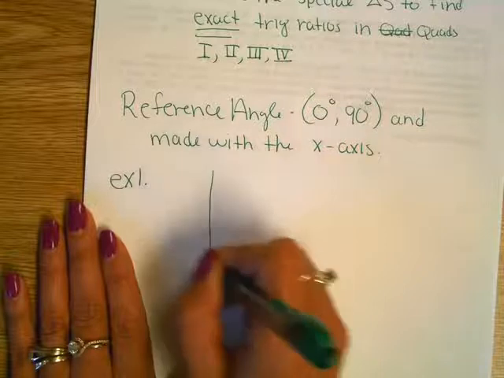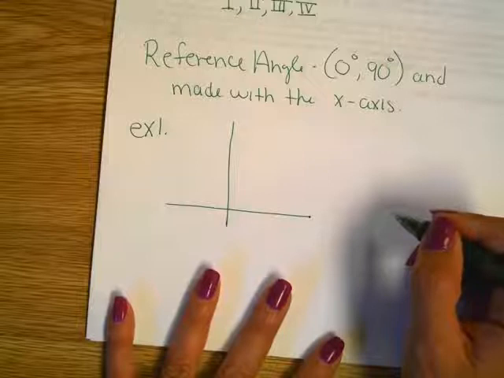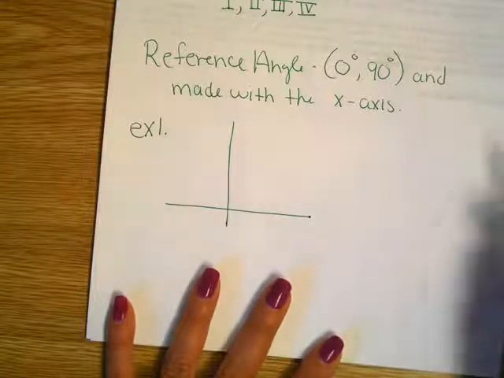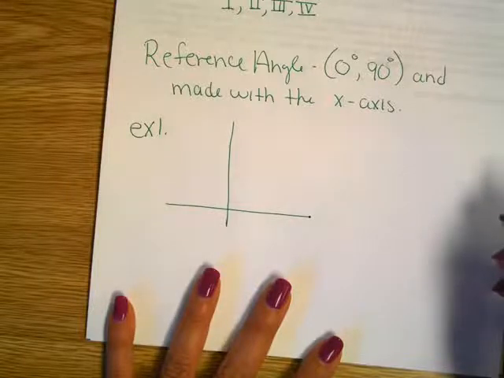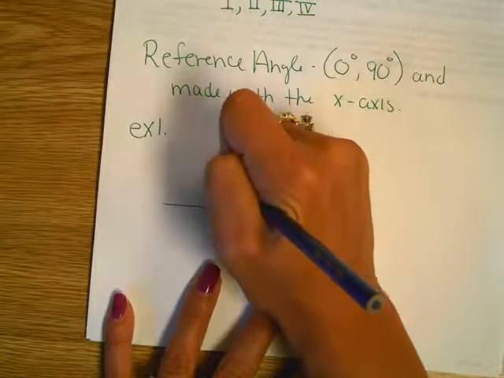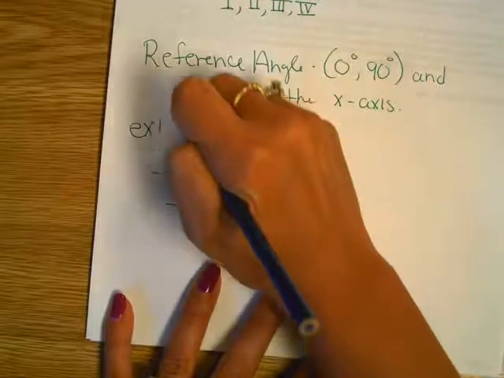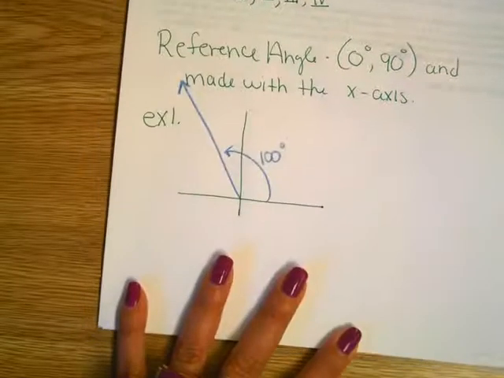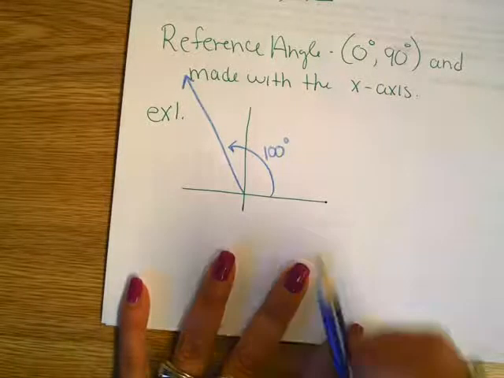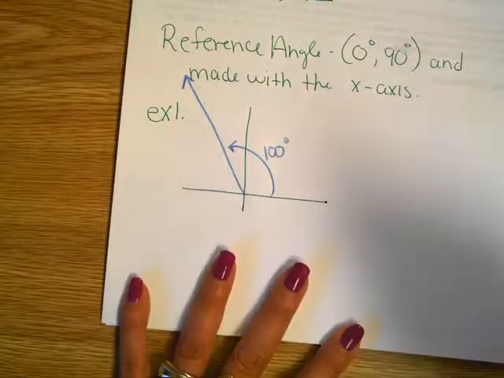So, if I give you a 100-degree rotation, so we're back to rotation, what quadrant is that going to land in? 2. 100 degrees, right about there. We want to find the reference angle. The reference angle is the angle made with that and the x-axis, and it has to be between 0 and 90.